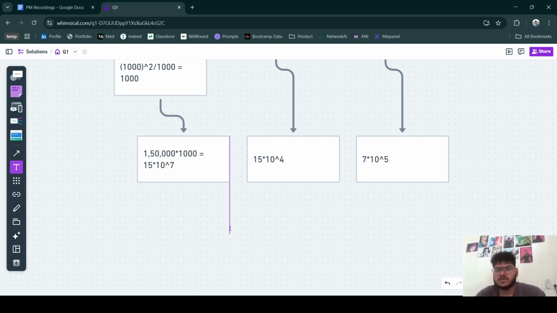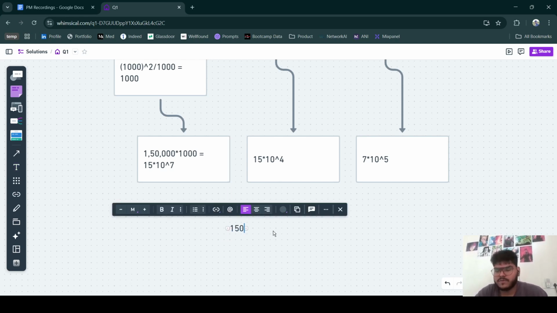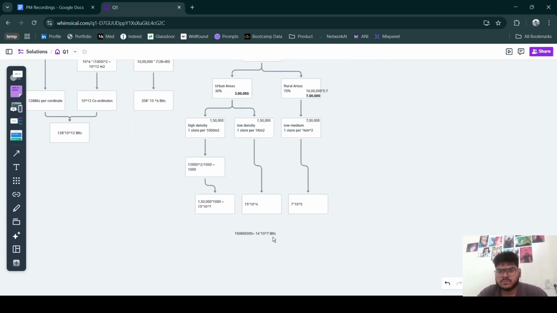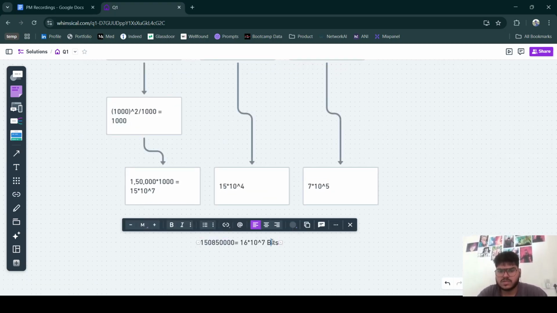it will come around 1585000 approximately. We can take it around, let's say 1600. 16 times 10 raised to power 7 bits of data. Stores is the number of stores.